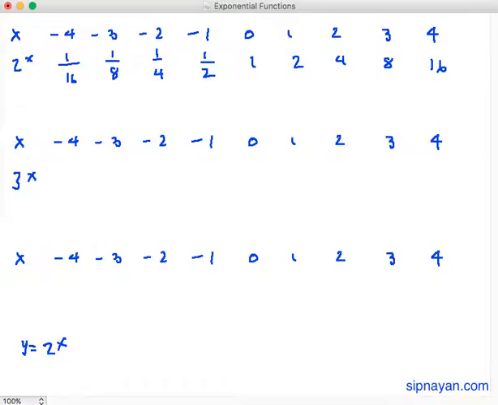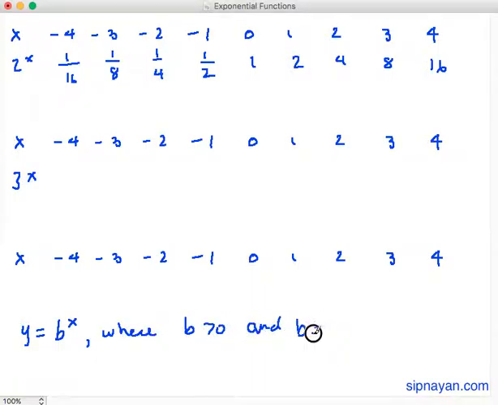By the way, yung 3 raised to x and yung isa pa natin i-graph later, yan na examples ng exponential functions. Sabi natin from the previous videos, ang definition ng exponential function is of the form y equals b raised to x, where b is greater than 0 and b not equal to 1.